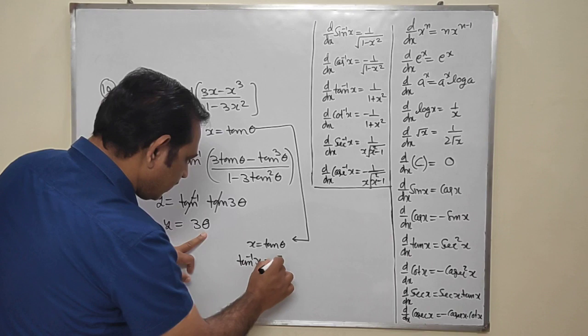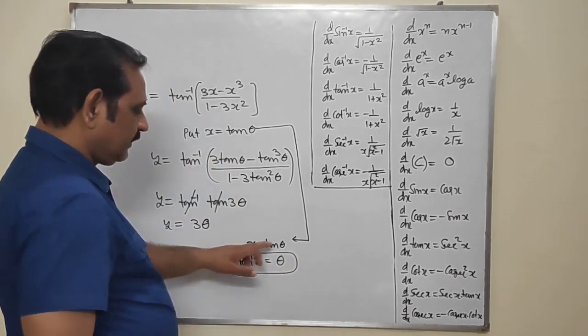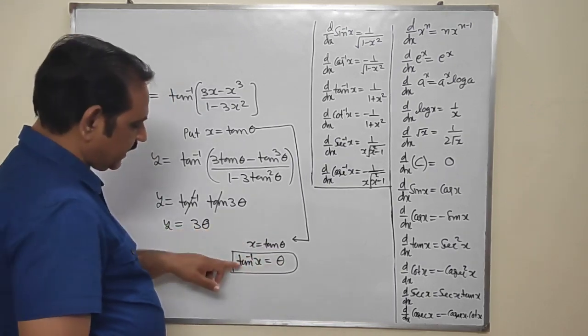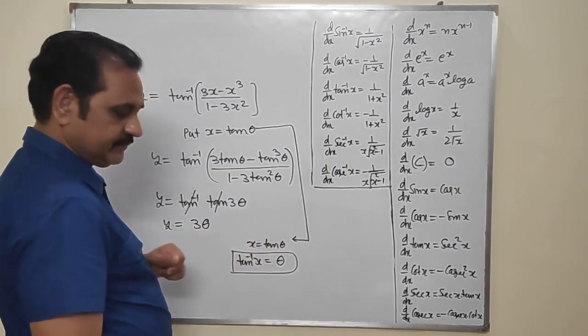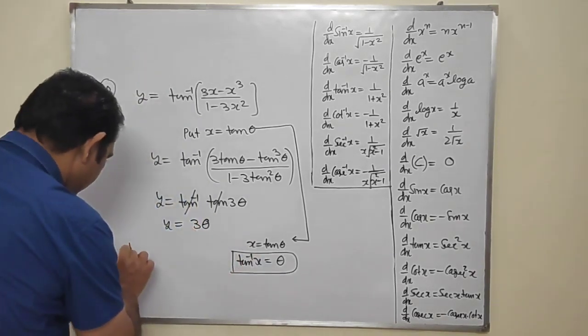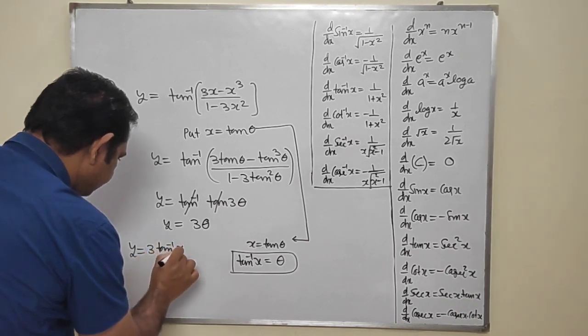This will become tan inverse x is equal to theta. The tan moves away from theta and goes to the other side, where it becomes the reciprocal, which we call tan inverse x. So theta can be written as tan inverse x. So y is equal to 3 tan inverse x.